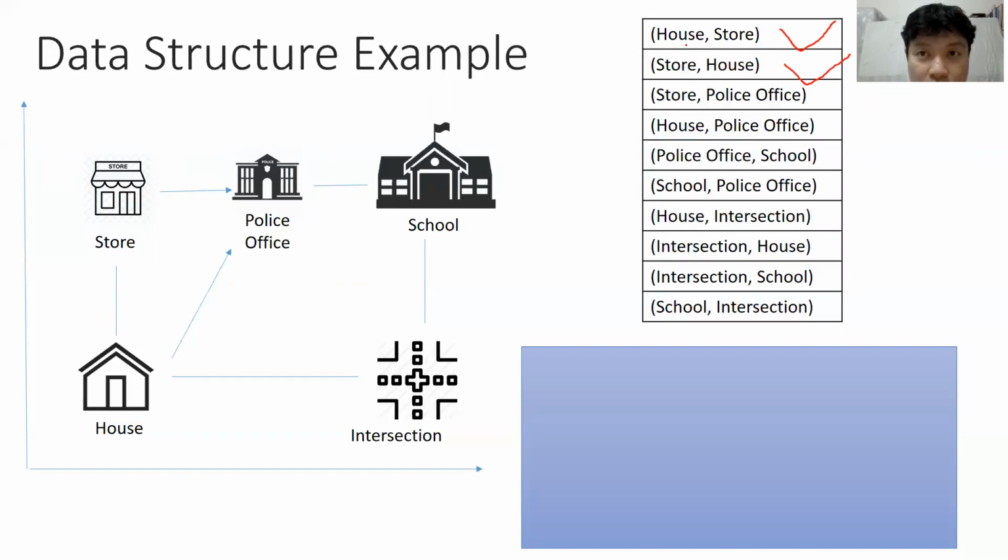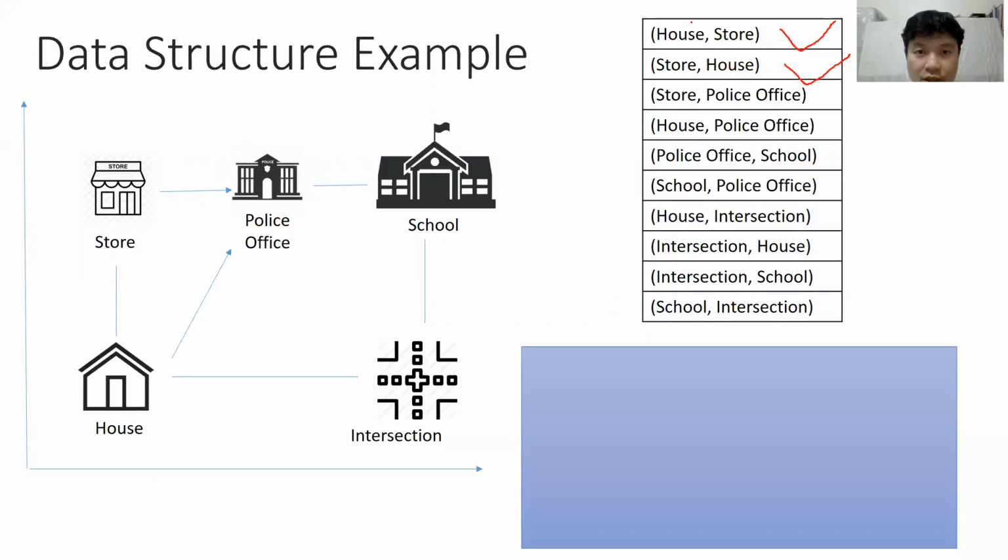It is different because in the first, house is the starting point and store is the ending point. On the other hand, the second data says that store is the starting point and house is the ending point. With regard to the other data, you can see store to police office, house to the police office, and so on. So this is a kind of data structure.